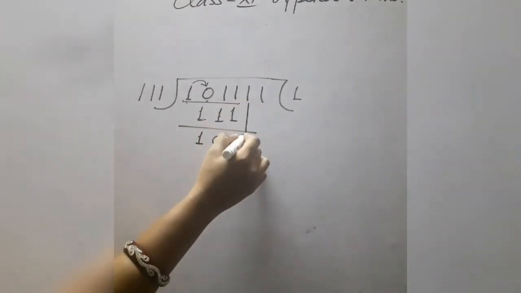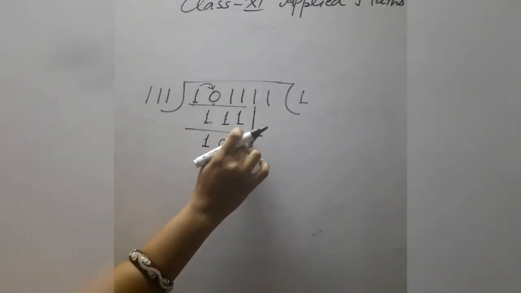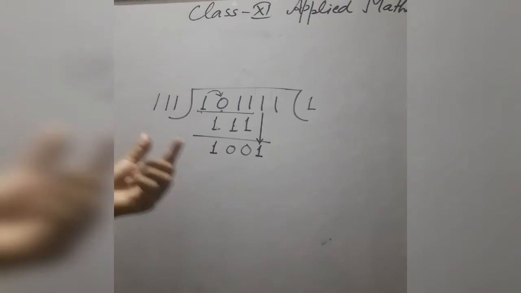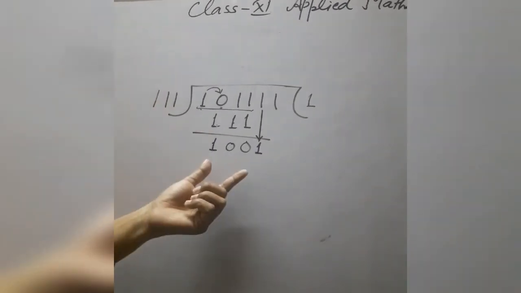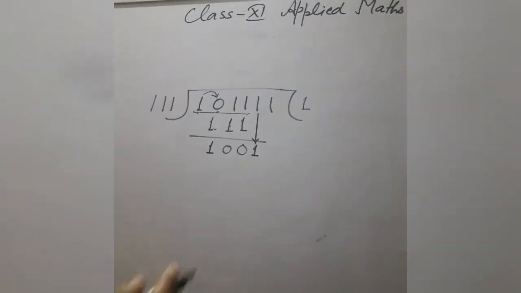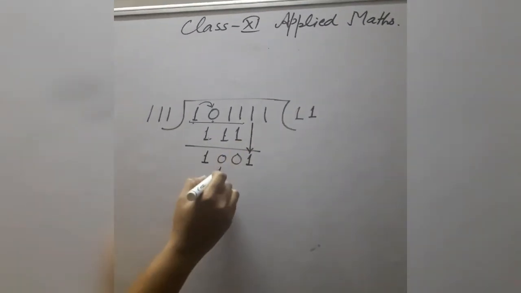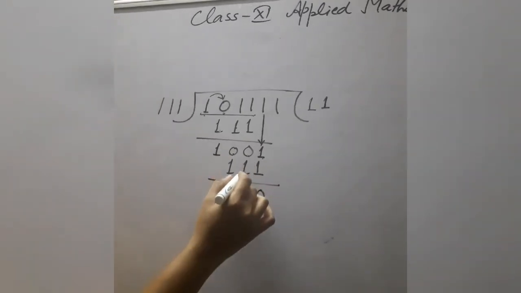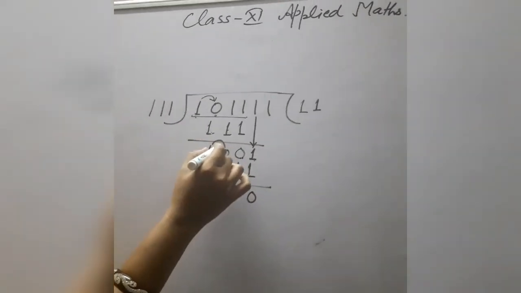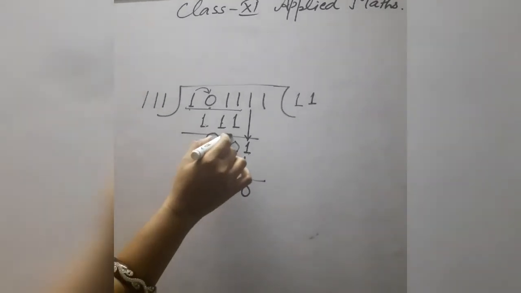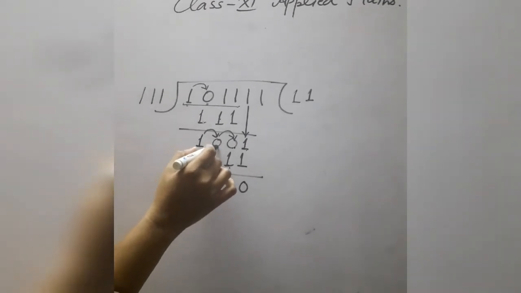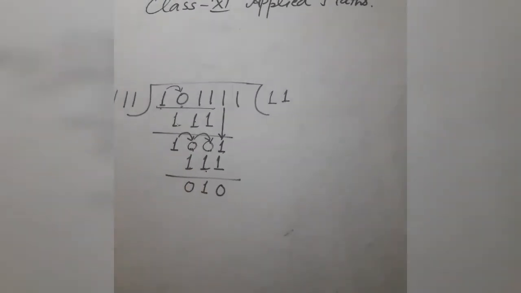Now you will take the next digit here, just like in decimal numbers. After taking this 1 here, now this is multiplied by either 1 or 0. You will multiply it by 1. When you multiply it by 1, it becomes like this. Again subtracting, 0 minus 1 you cannot subtract, you will take a borrow here, and this is 1 minus 1, it becomes 0.